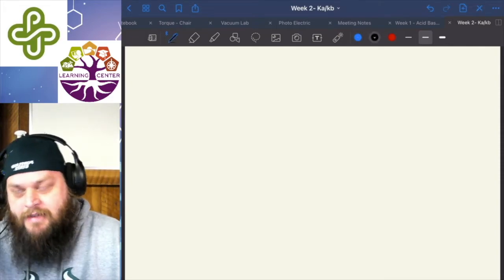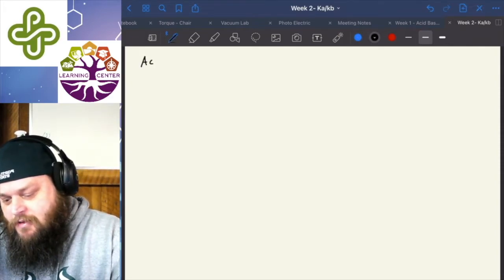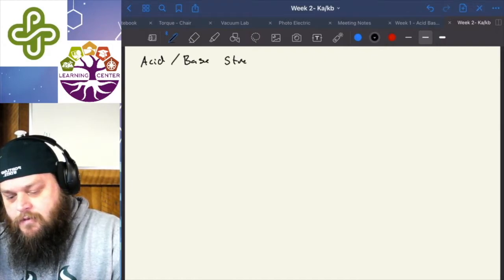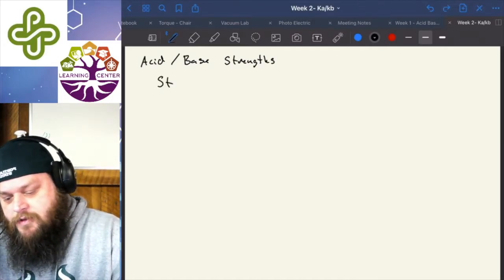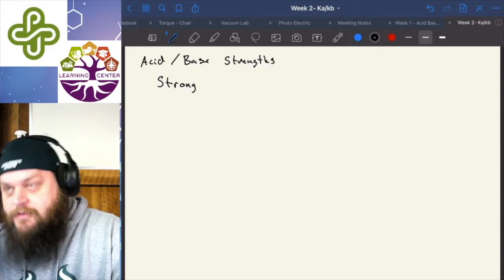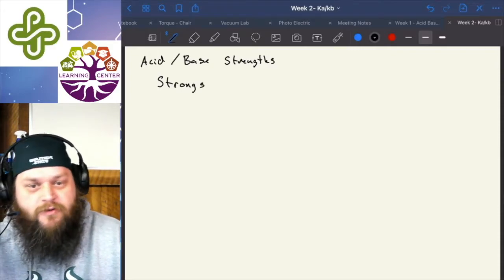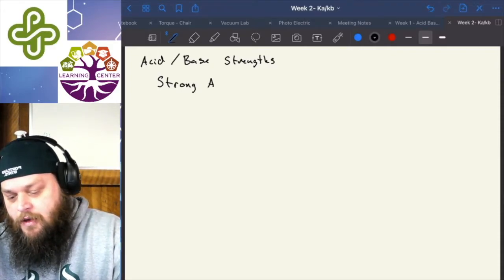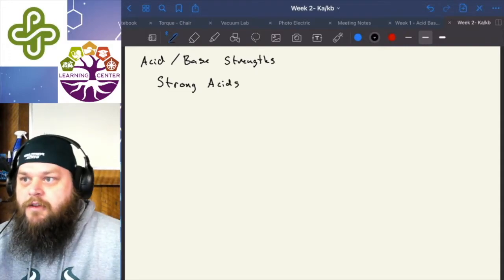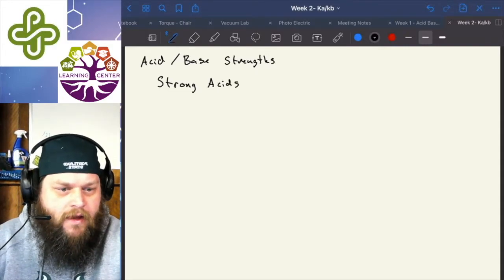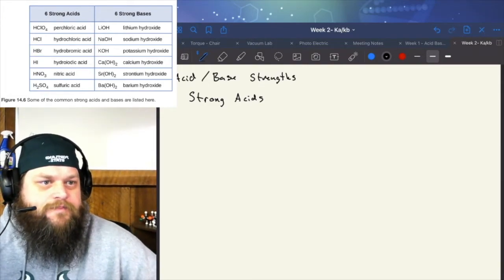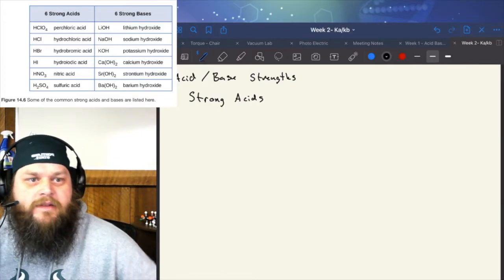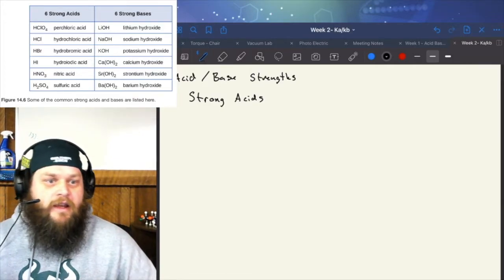So when we talk about acid and base strengths, strong acids, there are probably about 6 different strong acids that you should really pay attention to and make note of. They're listed right above my head. Those strong acids and bases fully dissociate in water.